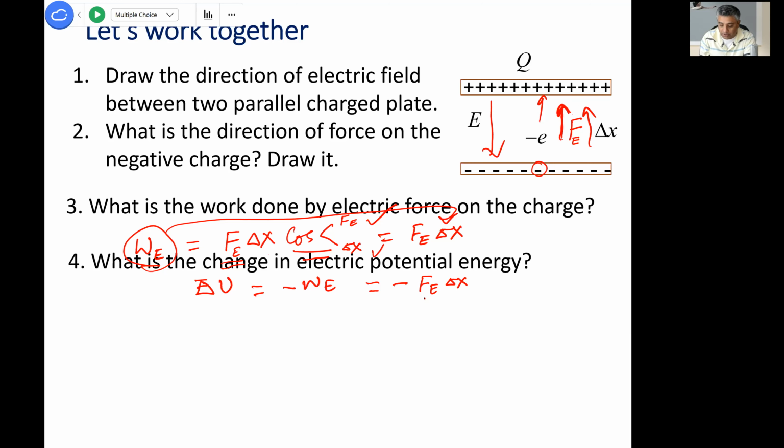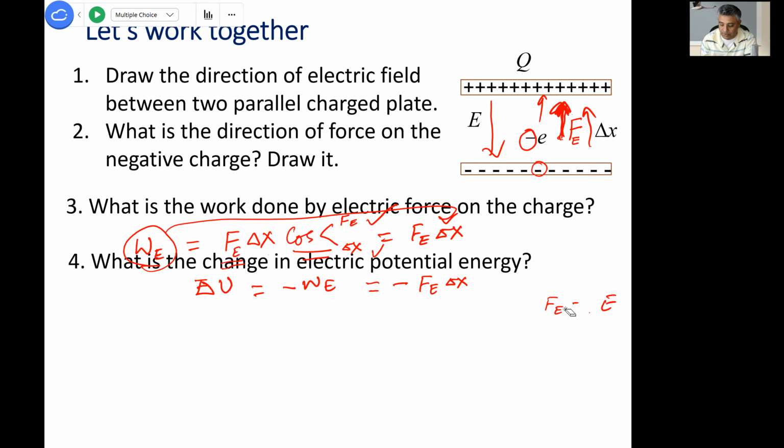Now, when we write this force in terms of charge, we're just going to write Fe is Q times E. We're not going to write negative E here because we already took care of that negative direction sign by putting that, okay? We do not want to double count that negativity. This force direction came because this charge is negative, okay? So if I plug in that negative charge here, we are double counting.